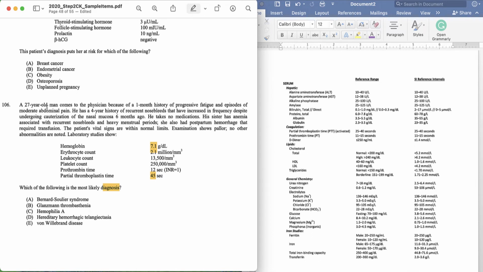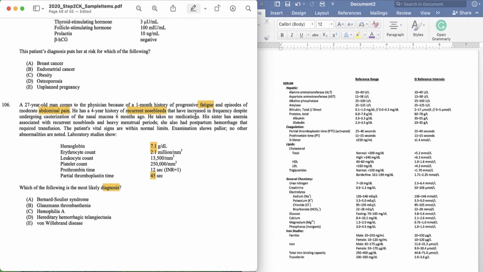It says a 27-year-old man comes to the physician because of a history of fatigue. That makes sense. He's anemic, as we saw. Episodes of abdominal pain. That's kind of interesting. Could be a GI issue. He has a 4-year history of recurrent nosebleeds that have increased in frequency despite undergoing cauterization of the nasal mucosa 6 months ago.